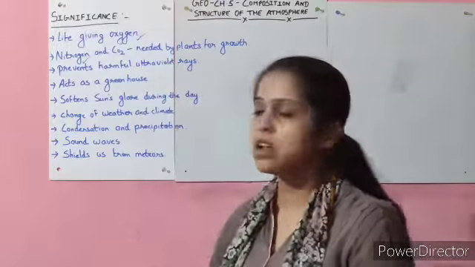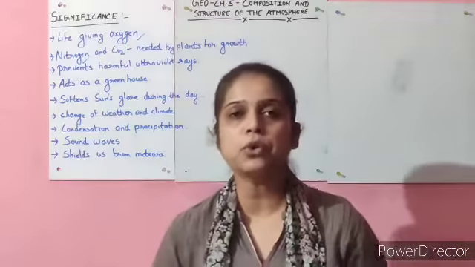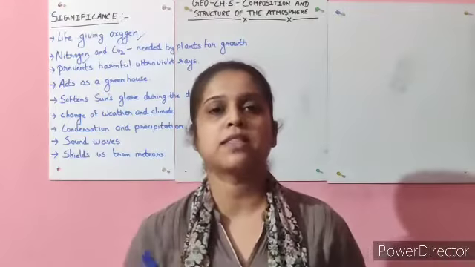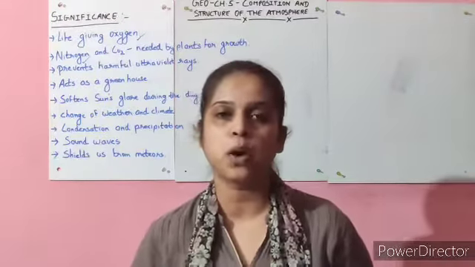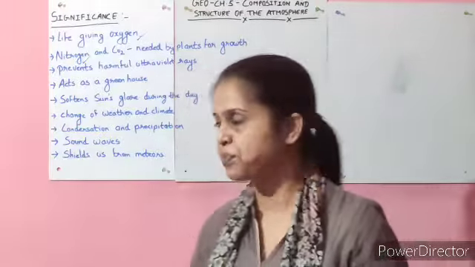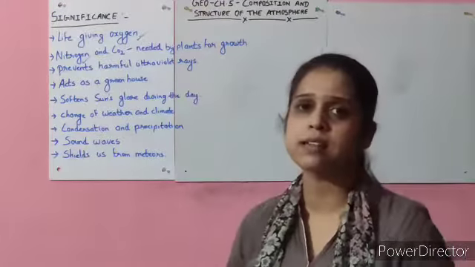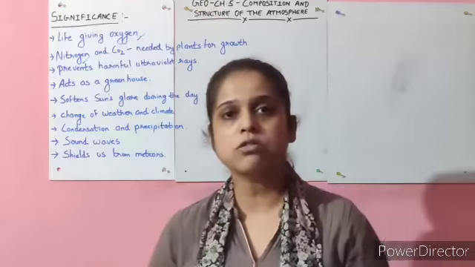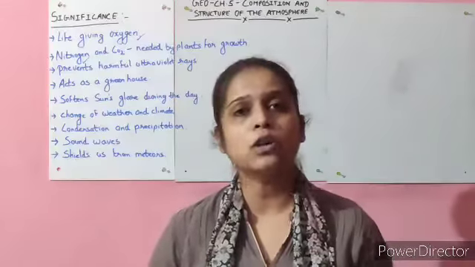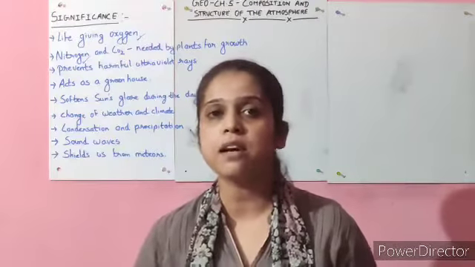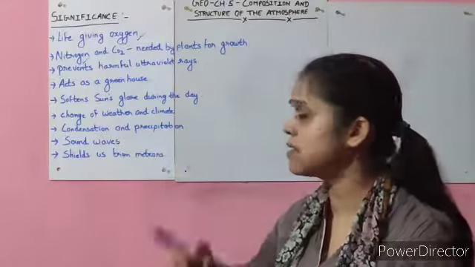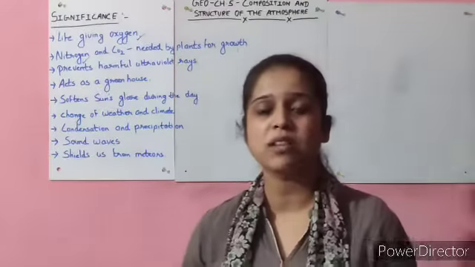So, prevents harmful ultraviolet rays. I told you that the ultraviolet rays which come from the sun, which can cause harm to us, are blocked by the atmosphere only. Fourth is acts as a greenhouse. This also I have already explained in my previous video, how the atmosphere acts as a greenhouse. Soften sun's glare during the day. What is glare?